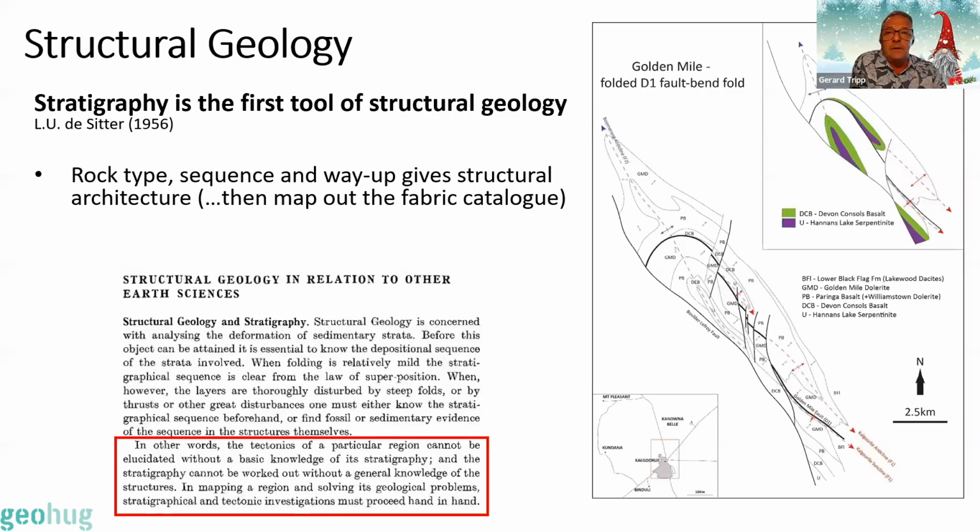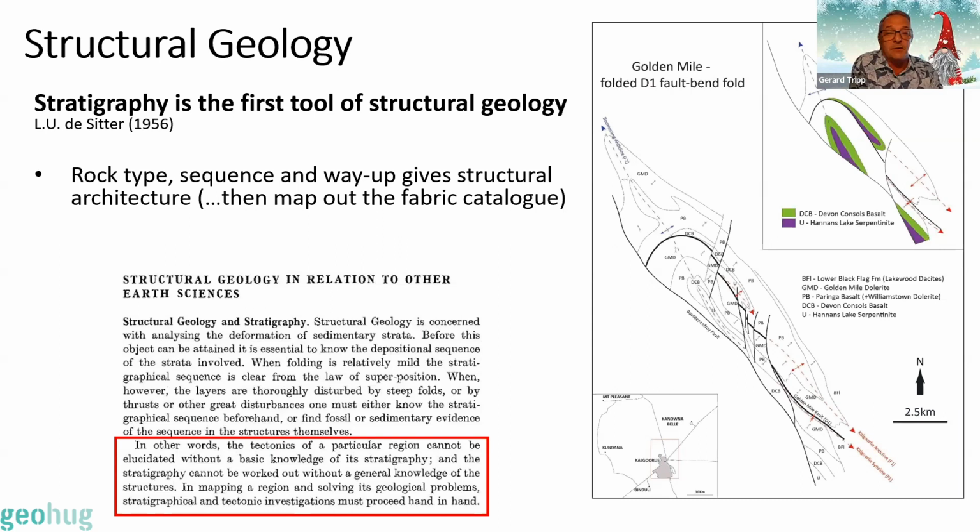So when we're doing structural geology, stratigraphy is where we start. We must know the sequence, we must know the way up, and if we can't, then there's a certain equivocation that hangs around our interpretation. If we say, yeah, I've got a thrust terrain, but I can't tell you what the sequence was, or I can't demonstrate the facing of the sequence, then, well, maybe it is thrusting, maybe it's something else.